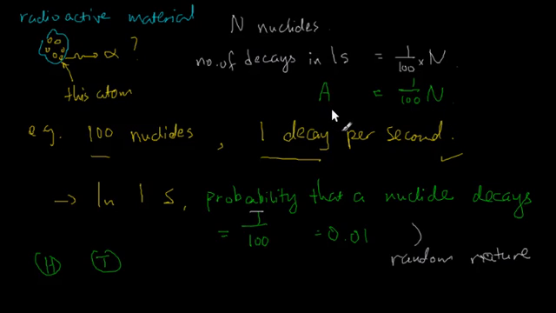It relates the activity, the number of decays per second, to the total number of particles, and this number that multiplies the number of particles is, as we have seen, the probability that a particular nuclide would decay.